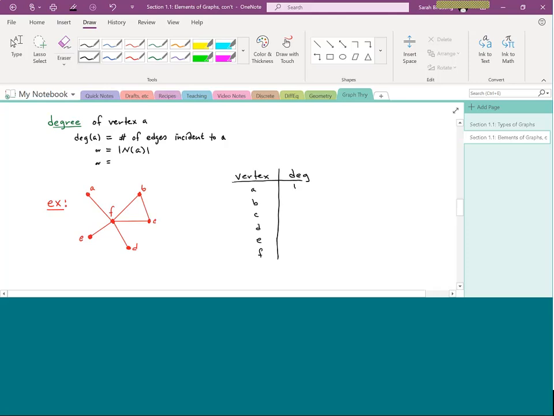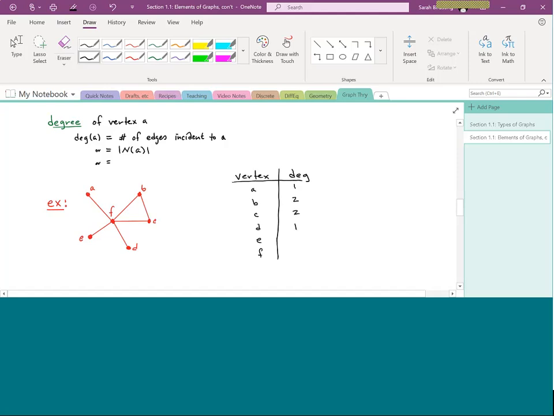Any guesses about the degree of vertex C? Don't overthink it. Yeah, it's the same as vertex B. What about the degree of vertex D? Back to 1. Yep. What about the degree of vertex E? Again, back to 1.